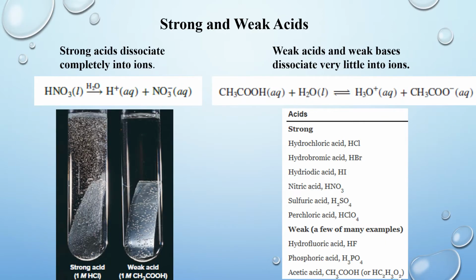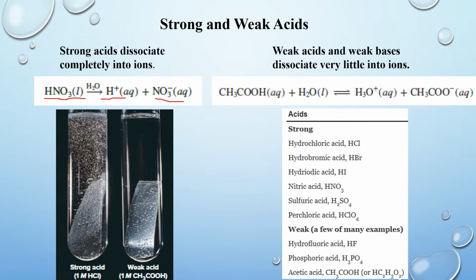Before we take a look at the interaction between the acid and the base, first let's look at the acids. The acids can be divided into strong acid and weak acid, and we already talked about this in chapter 4. For an acid to be strong, it means this acid will completely dissociate. In this example, we have nitric acid, a strong acid, which means when it dissolves in water, it will completely dissociate.